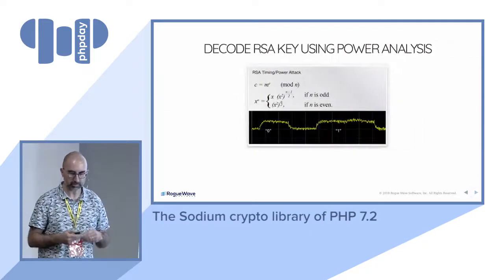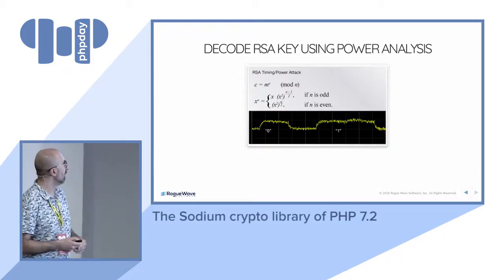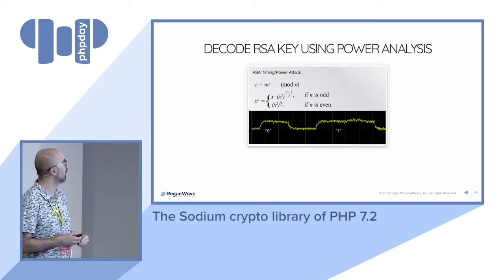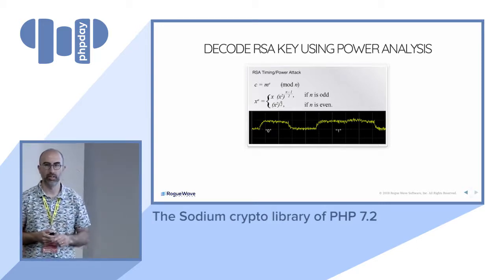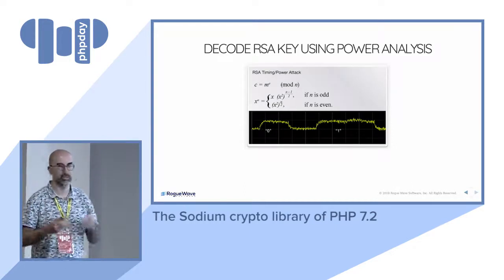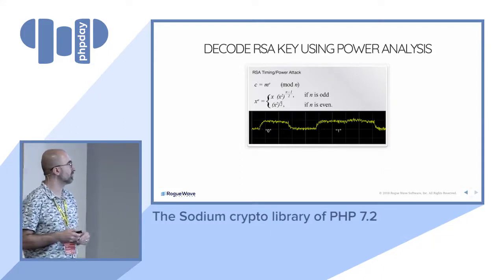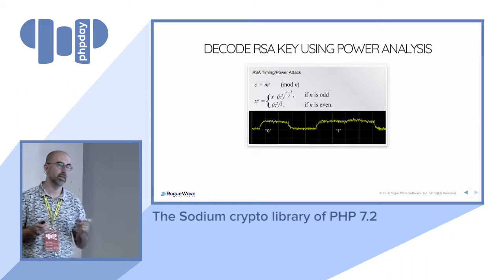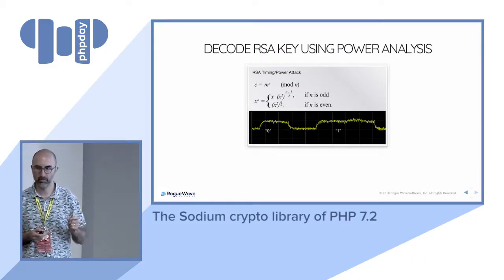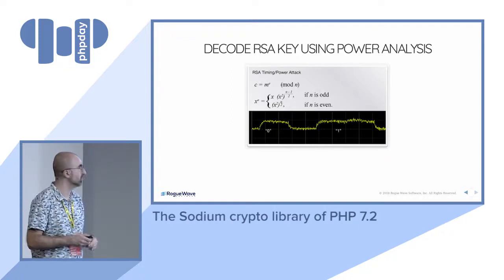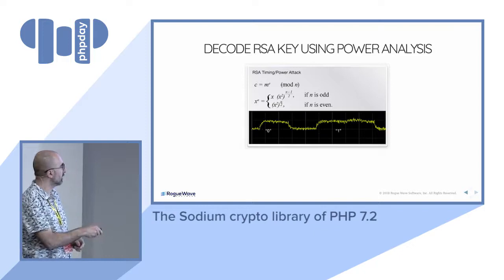So that means, for instance, this is just an example, a real-life example. Some researchers tried to decode an RSA key, that is a public and private key, RSA is one of the most famous algorithms out there, using power analysis. Basically, they analyzed the power consumption of a CPU using tools like an oscilloscope, and they basically got the key of RSA using this approach.